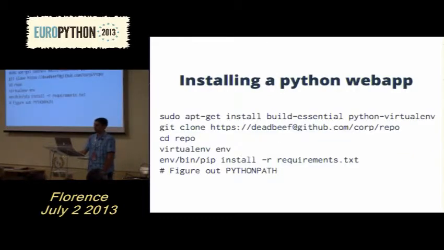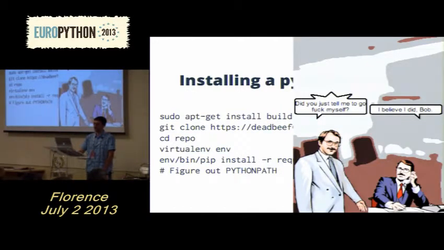And if we look at the average Python web app, it's slightly more complicated. So you first install a bunch of build tools, then you clone a Git repository, and you create a virtualenv, you install the dependencies, and so it's a bit too complicated, and it should be simpler than that.